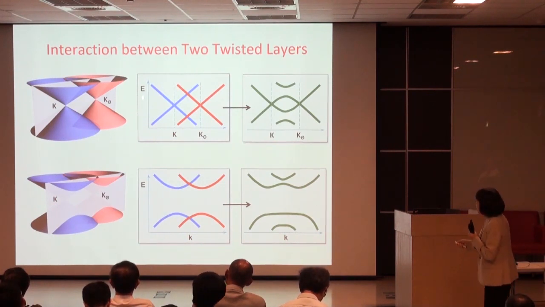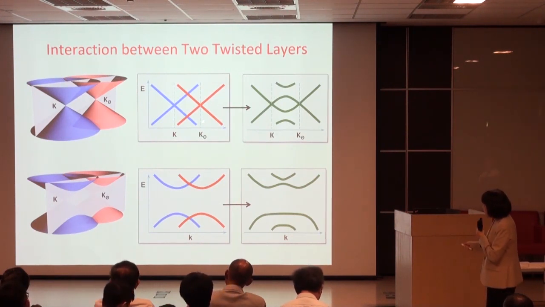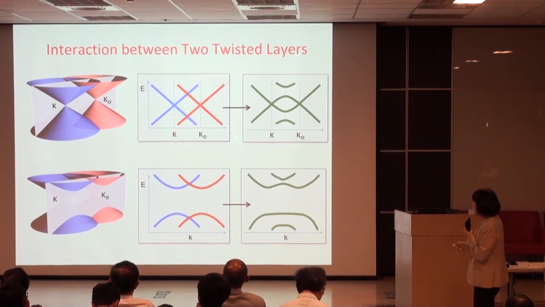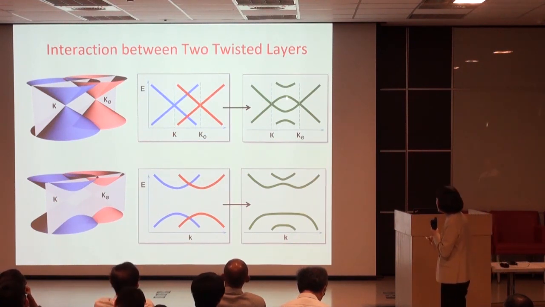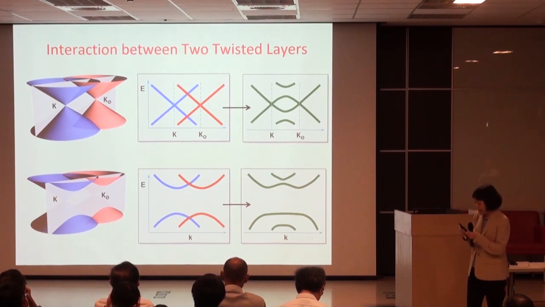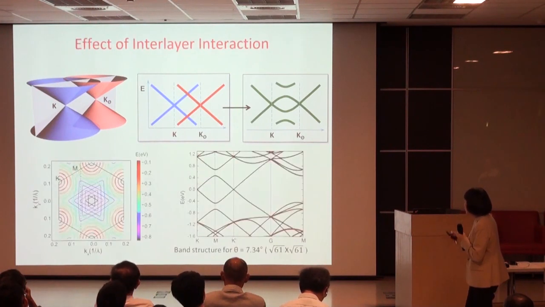So we have one cone from one layer, and the other one from another layer. If there's no interaction, you're going to see two of them, but with interaction, some gaps will be opened, and then the band dispersion will be changed. And there could be more complicated changes in other cases.